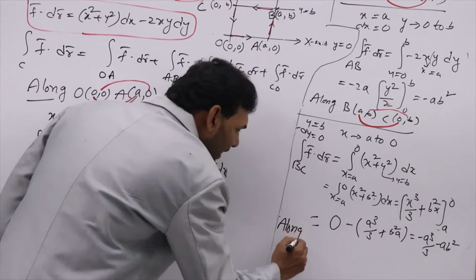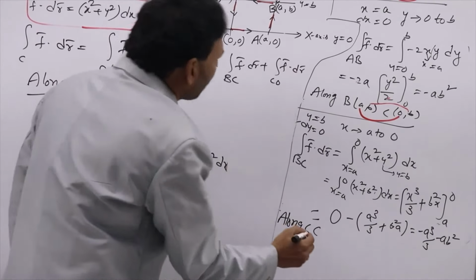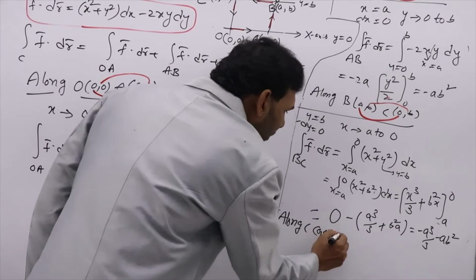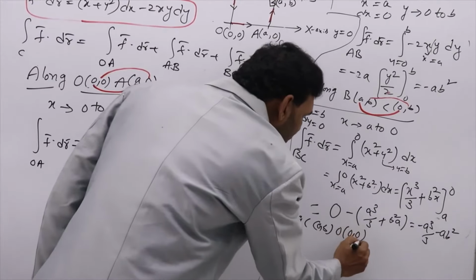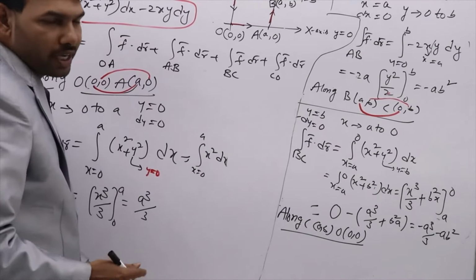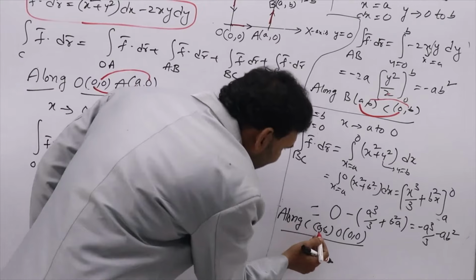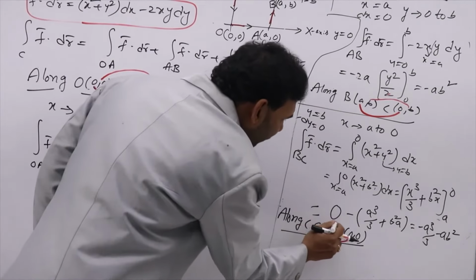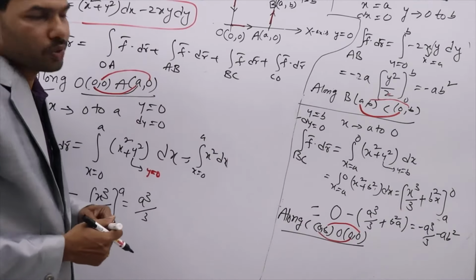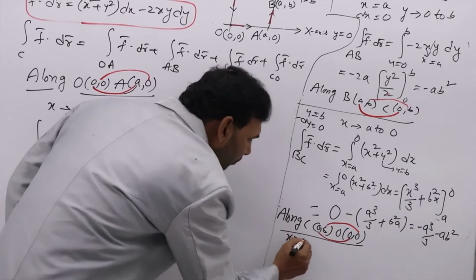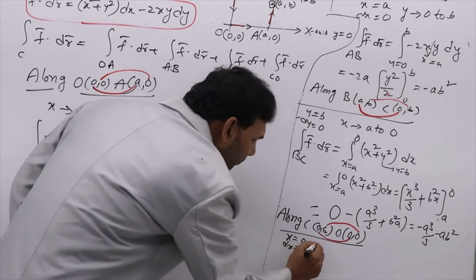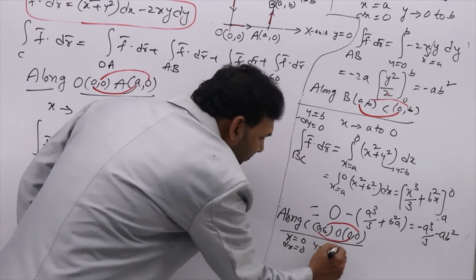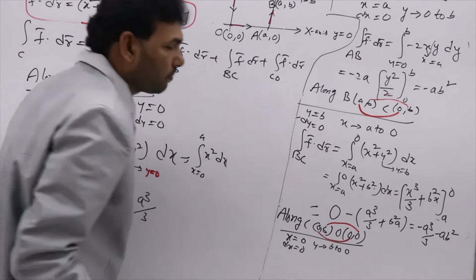Last direction, along CO. Along C, 0 comma B, to O, 0 comma 0. So here if you observe, x is constant, x is not varying, y is varying from B to 0. So x is 0, dx is 0, y is from B to 0.